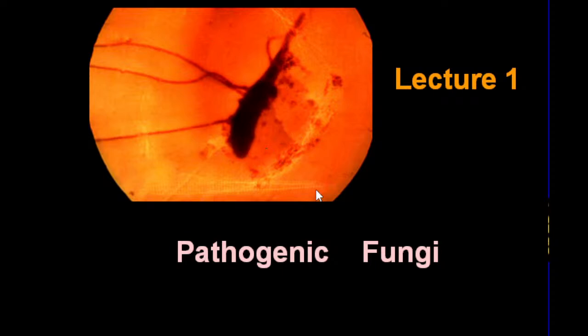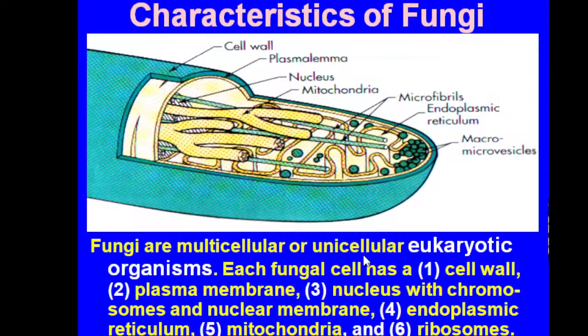Okay, we go ahead with the characteristic of the structural features of fungi. You can see here a cell, and the fungi can be unicellular or multicellular, but it doesn't matter because both of them are eukaryotic organisms.